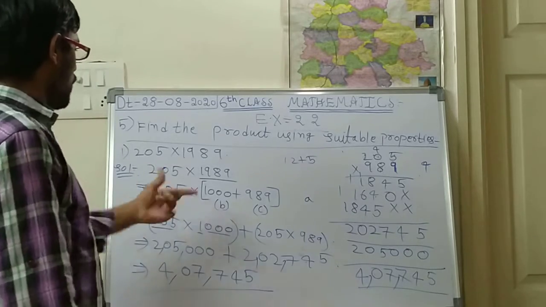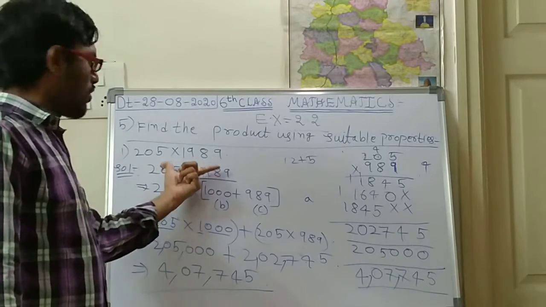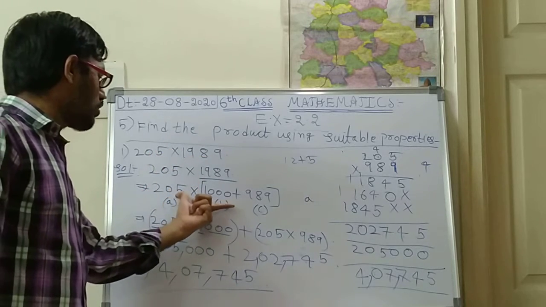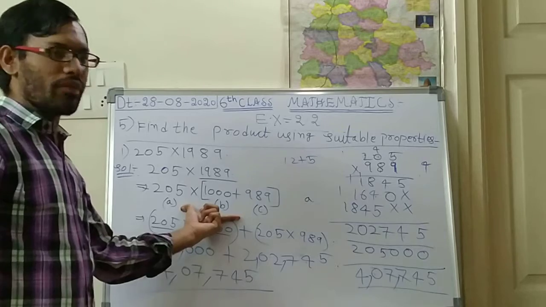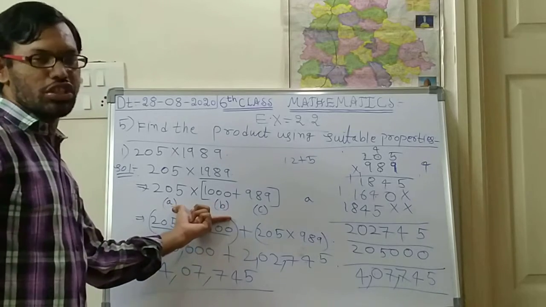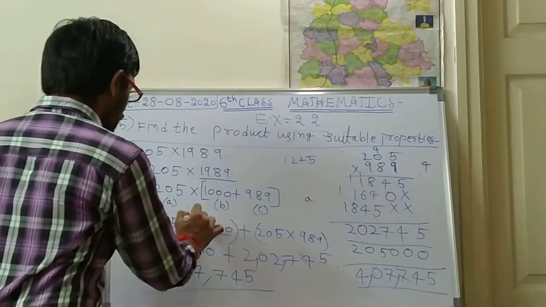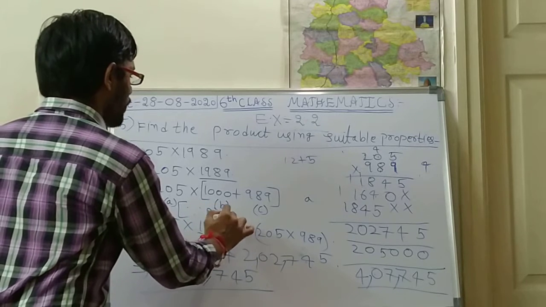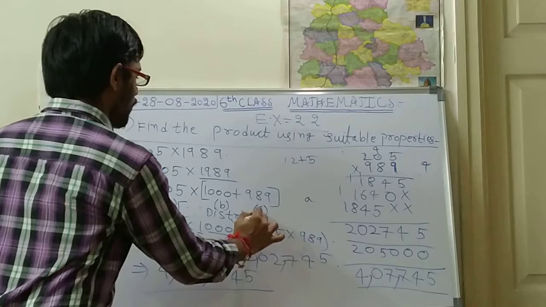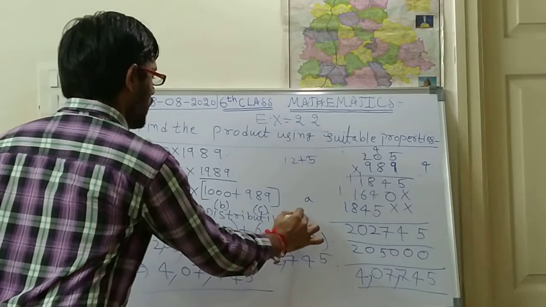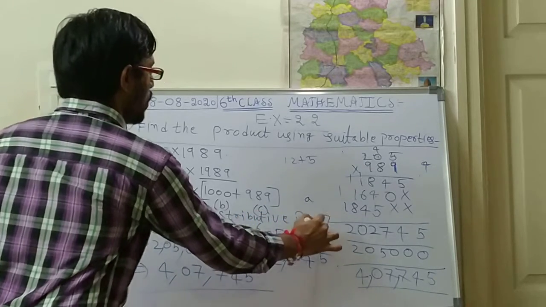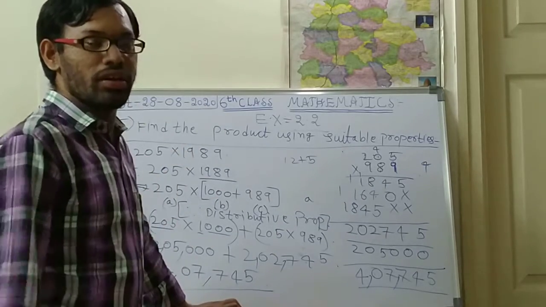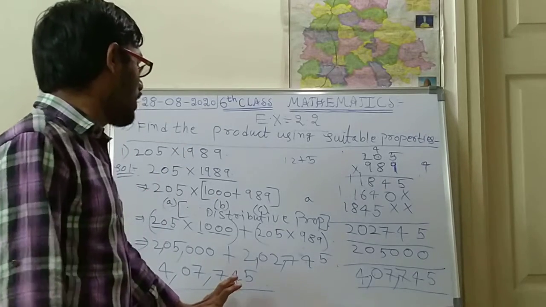So like this you have to convert whatever the product is into one of the properties. So here I have converted it into the distributive property. You can write here distributive property, so that whoever is correcting your paper, the examiner, can understand.